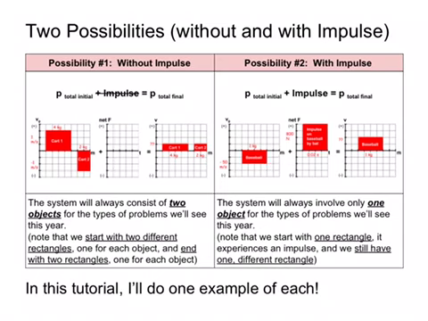Now, that impulse is so large that not only does this momentum become zero, but it even goes past zero to the positives.